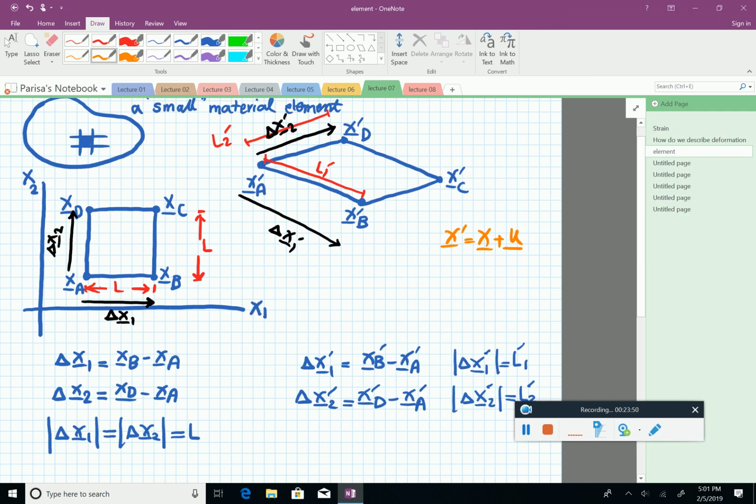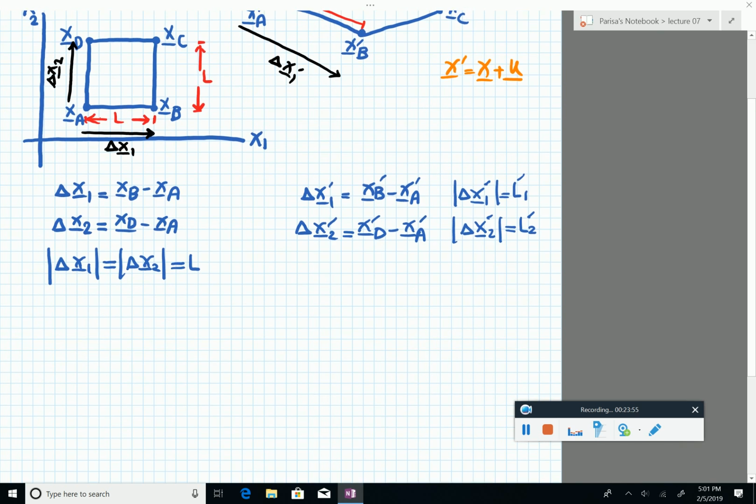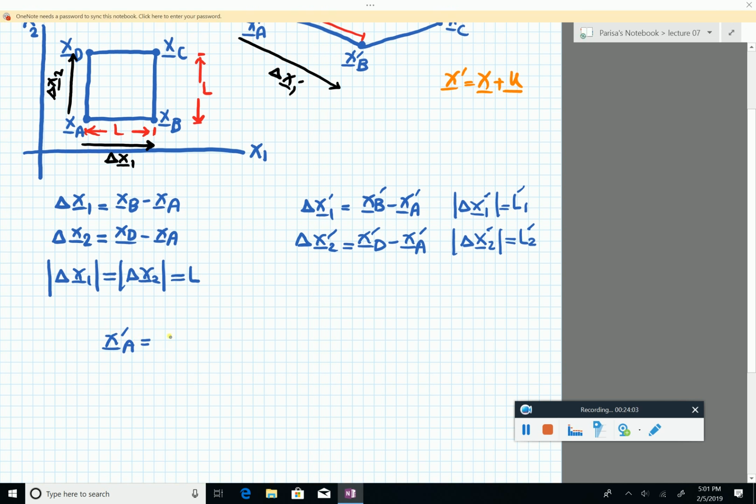So I use that to relate the two. I can say that for each point that I have, this holds.